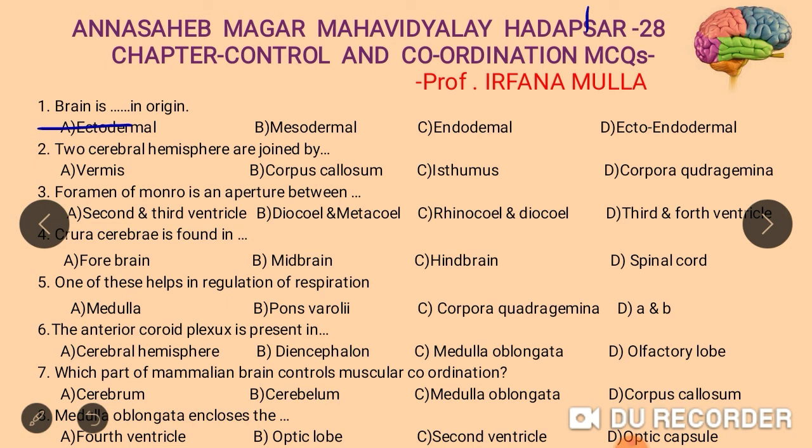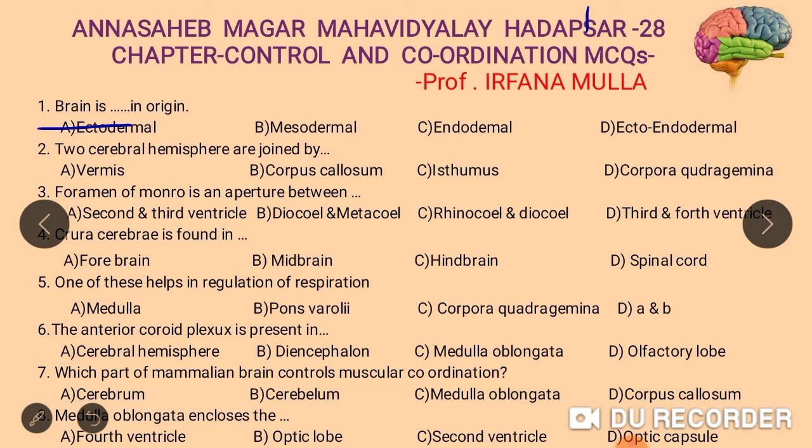All muscular contraction and relaxation are called voluntary activities, and the voluntary activities of our body are controlled by the cerebellum, and so the correct answer for that question is cerebellum.